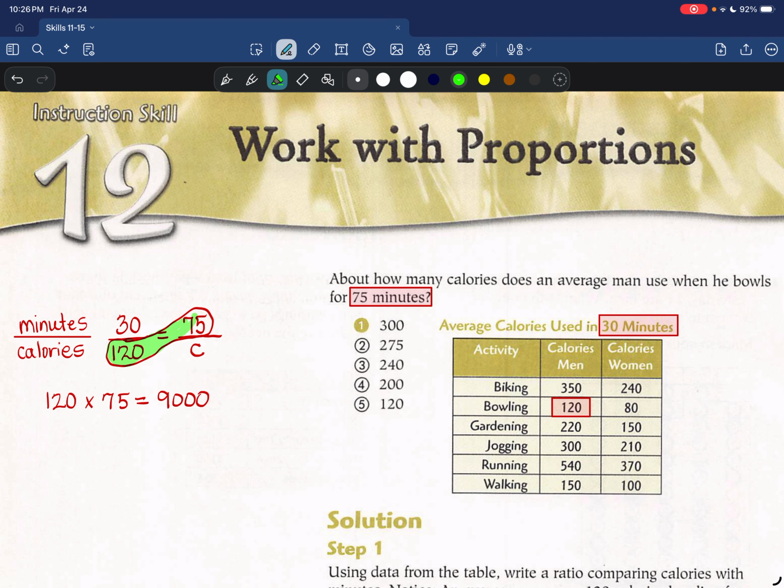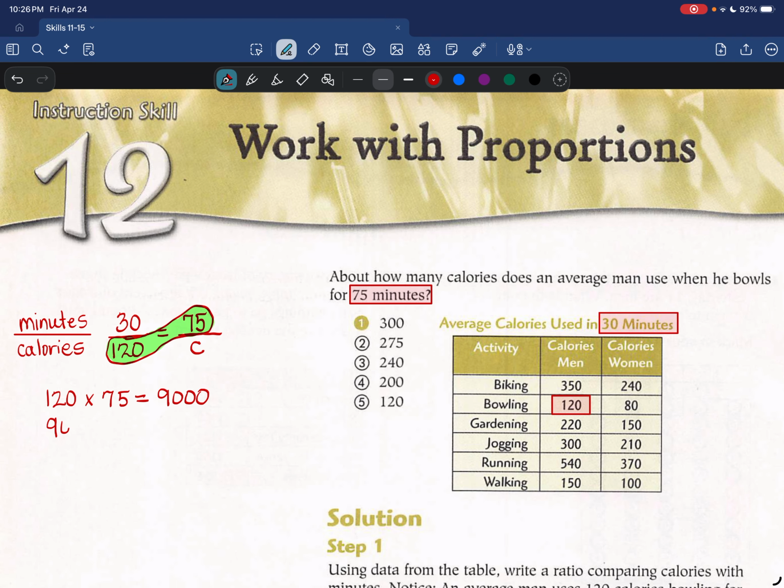And then whatever you get when you multiply the peanut, you bring it down here and you divide it by the number that was not in the peanut. And in this case, that's a 30. So 9,000 divided by 30 is 300. And that, remember, is calories. That was our missing piece. 300 calories in 75 minutes.